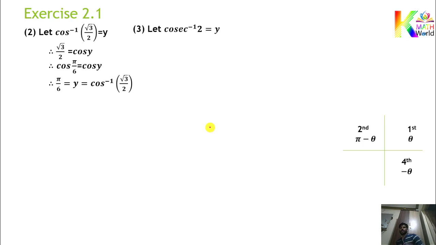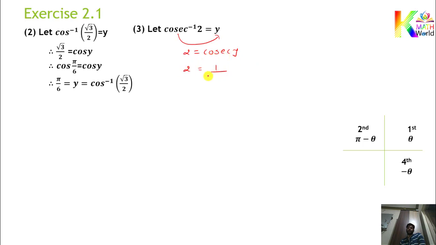What is given? Cosec inverse 2 equals y. So cosec inverse on this side is converted to cosec, and you get 2 equals cosec y. Suppose you can't easily remember the value in terms of cosec, then convert it in terms of sine.